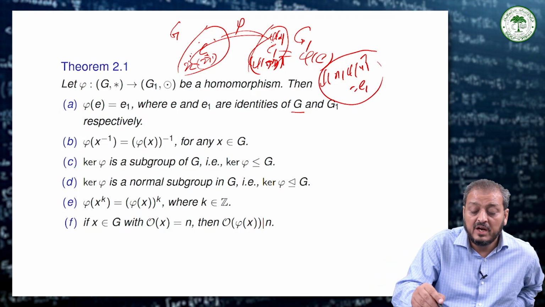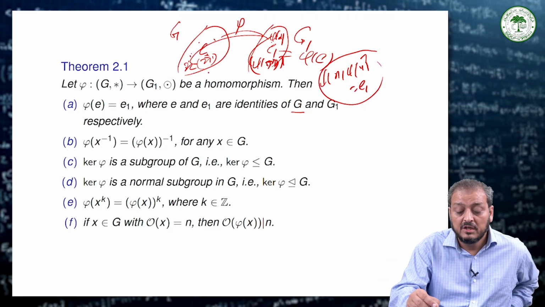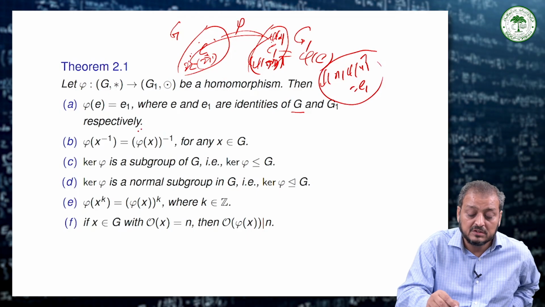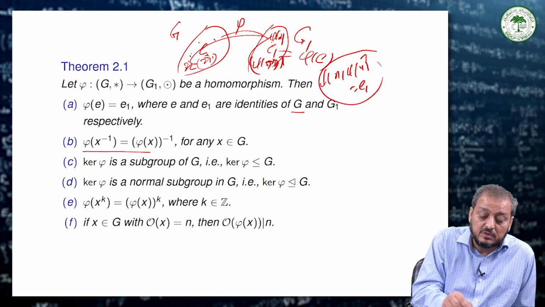That is, if x is mapped to phi of x, then x inverse should be mapped to phi of x whole inverse.